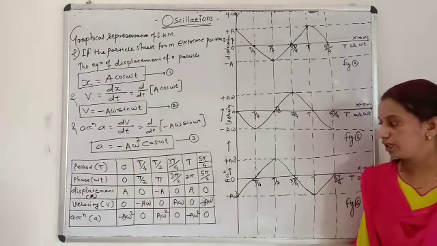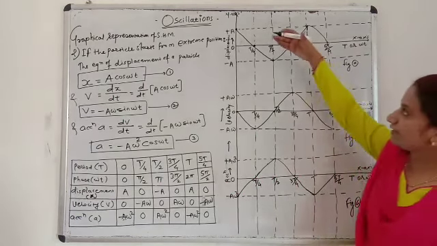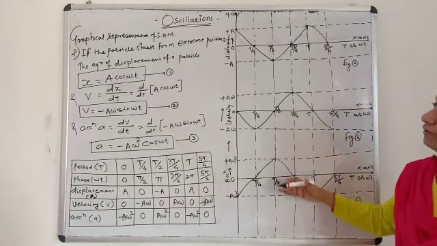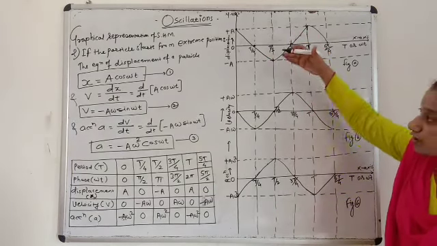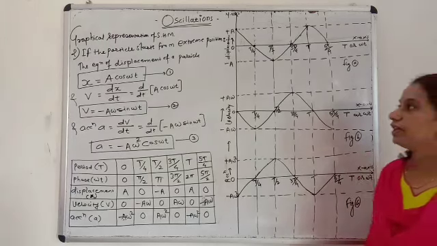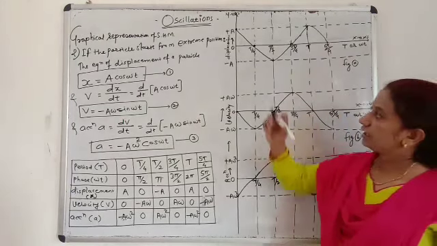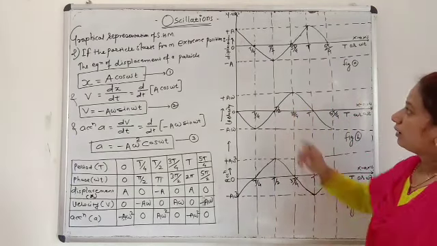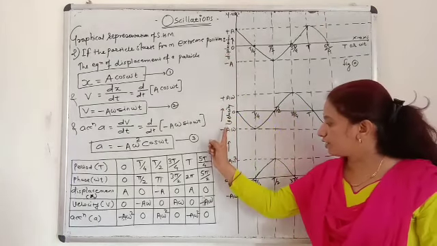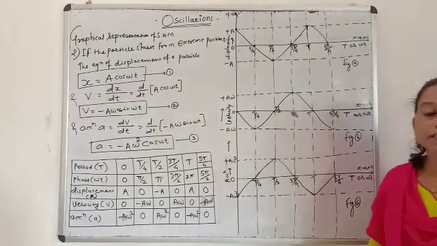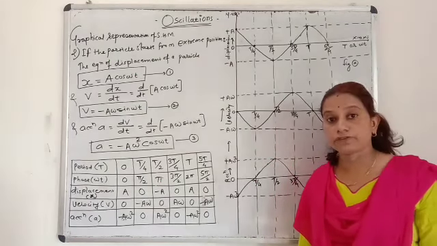So students, from this graphical representation, we have to draw the conclusion here. First conclusion is that the functions of displacement, velocity and acceleration are periodic functions of time.